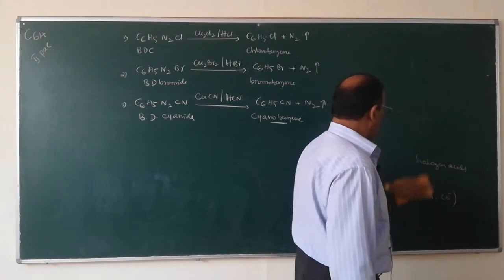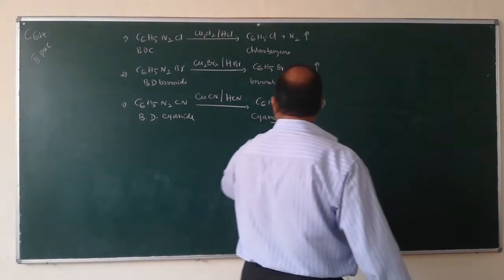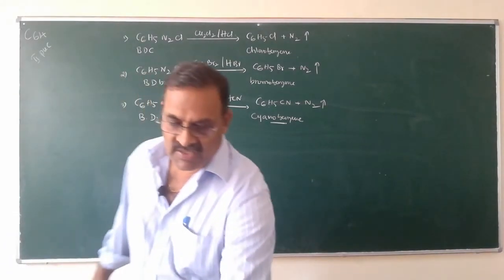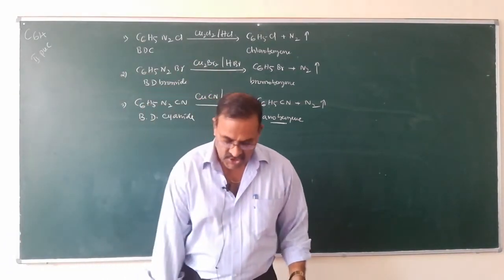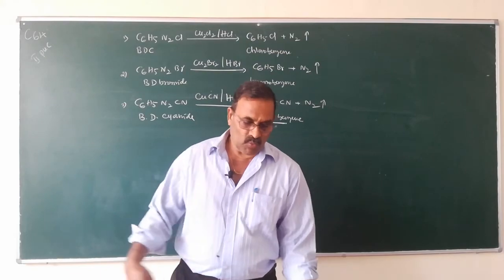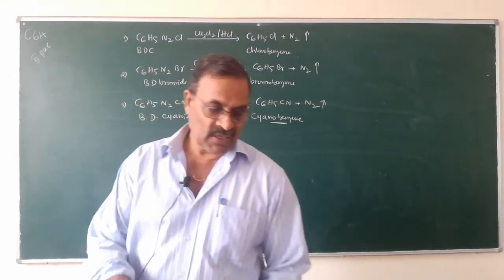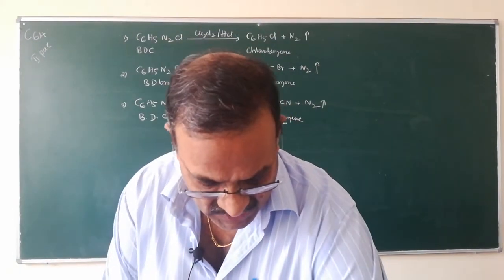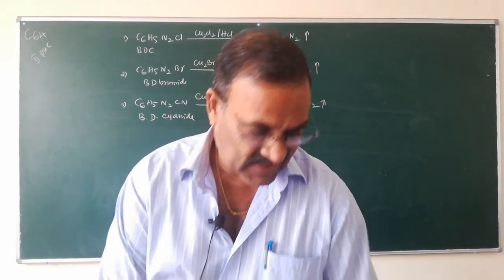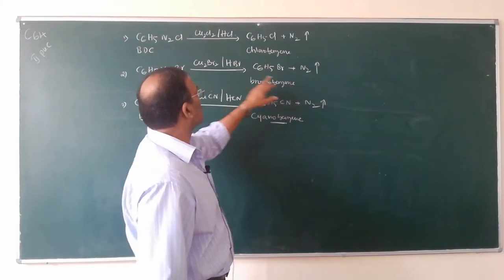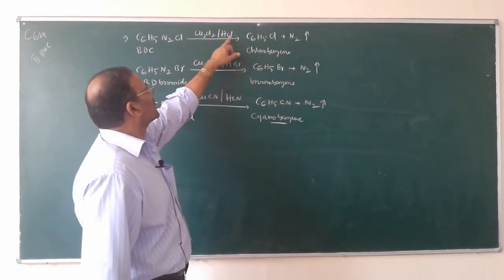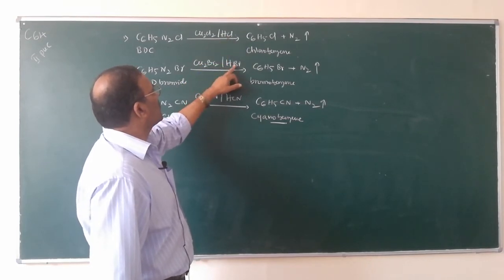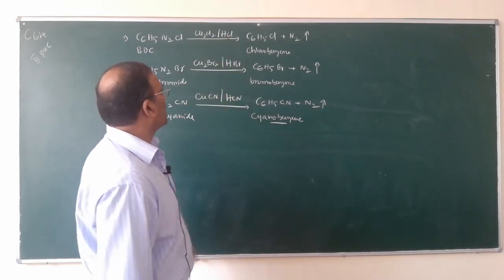So it is the conversion of benzene diazonium salts into chlorobenzene, bromobenzene or cyanobenzene. These are halogen acids: hydrogen chloride, hydrogen bromide, hydrogen cyanide.